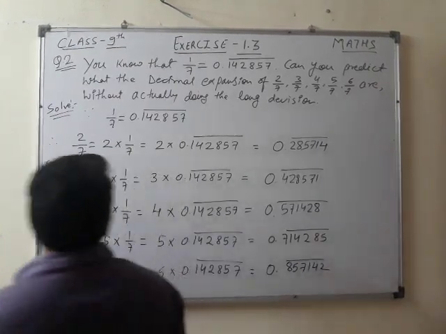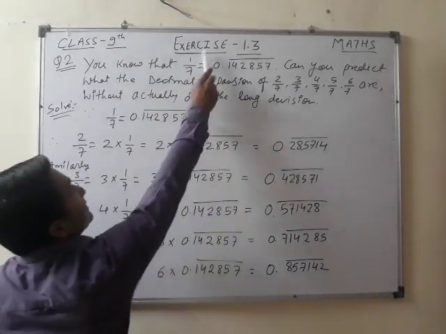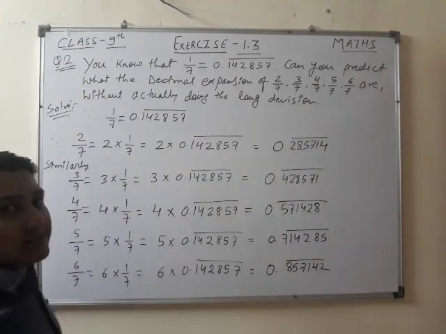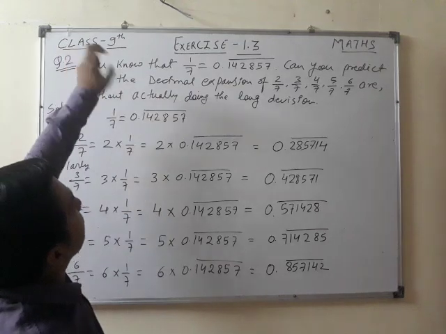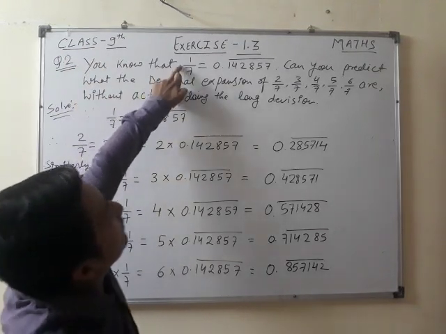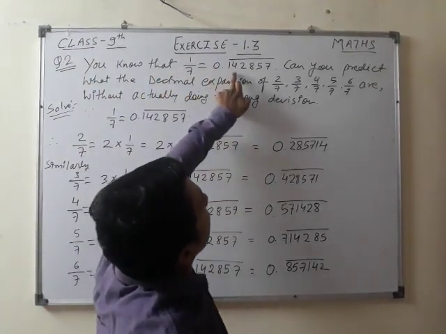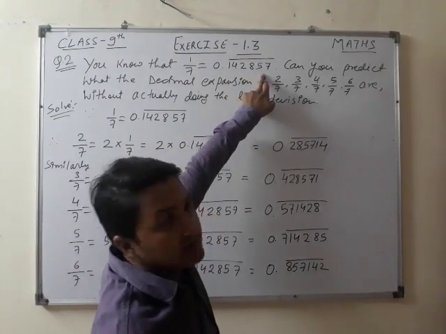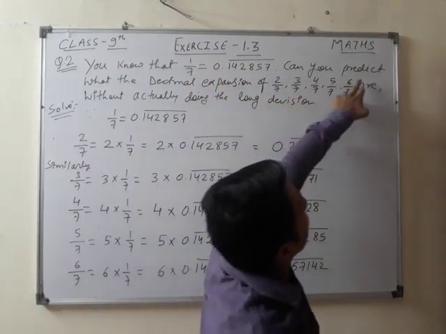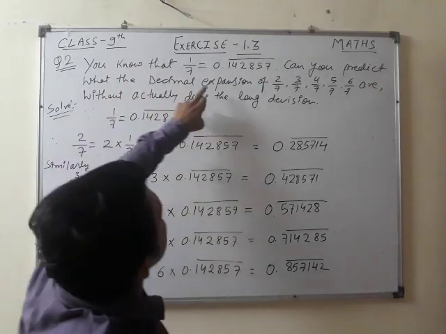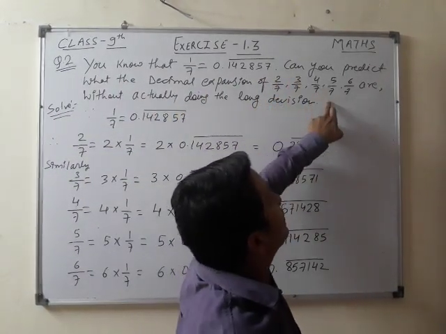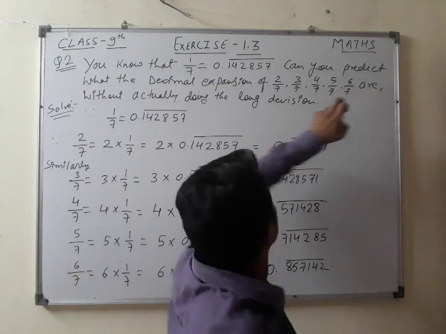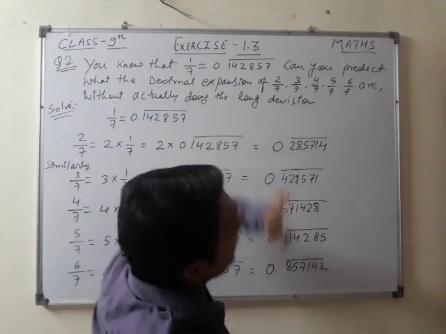Now we will move to the next question of exercise 1.3, that is question number 2. In this exercise you know that 1 upon 7 is equal to 0.142857. This is the question: can you predict what the decimal expansions of 2 upon 7, 3 upon 7, 4 upon 7, 5 upon 7 and 6 upon 7 are, without actually doing the long division?